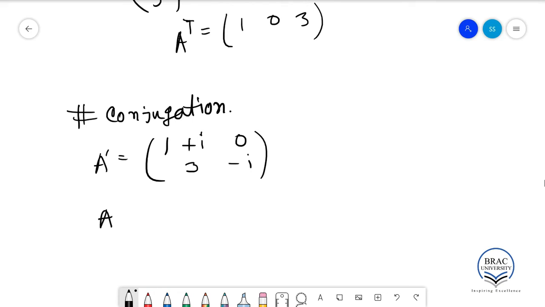It is denoted by A star. This means you just take the complex conjugates of the complex numbers appearing in the matrix of interest, that is A prime.